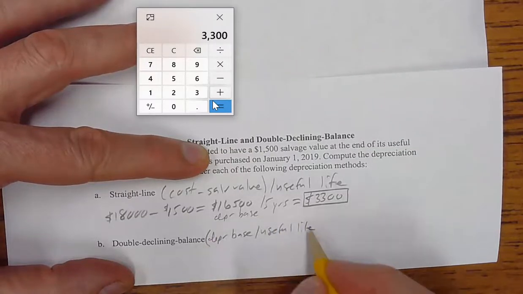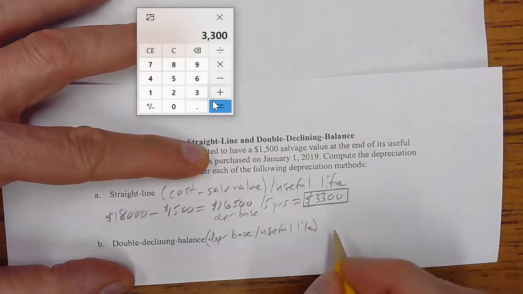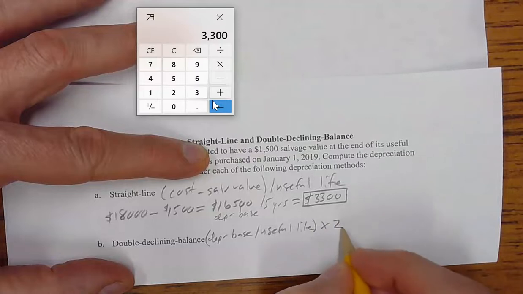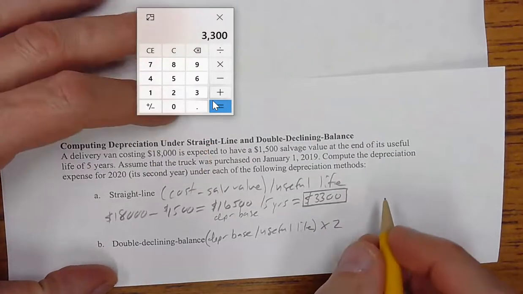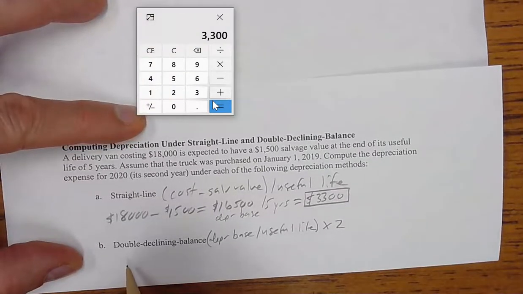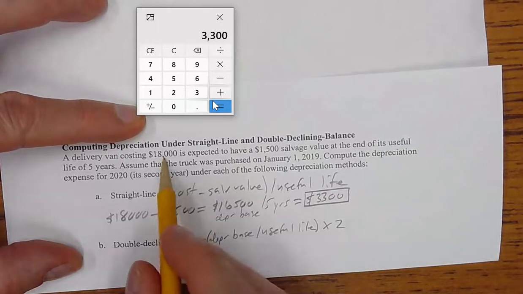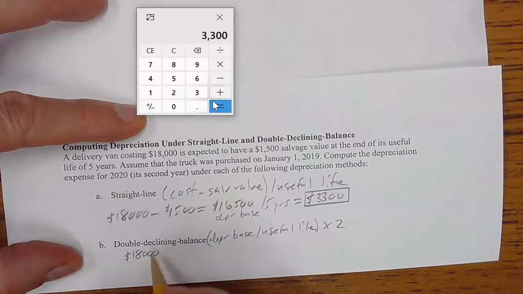And then we're going to essentially multiply that by 2. But here's the difference though. Our depreciable base initially is going to be the 18,000 when we use the double declining balance. So let's take 18,000 and we're going to divide that by 5.